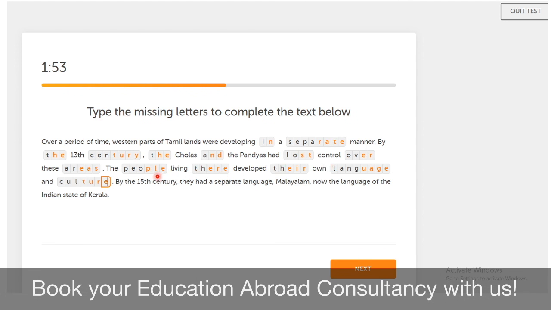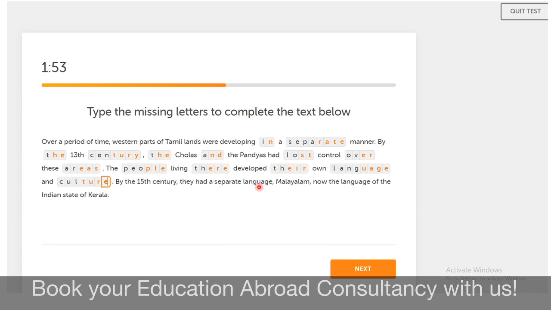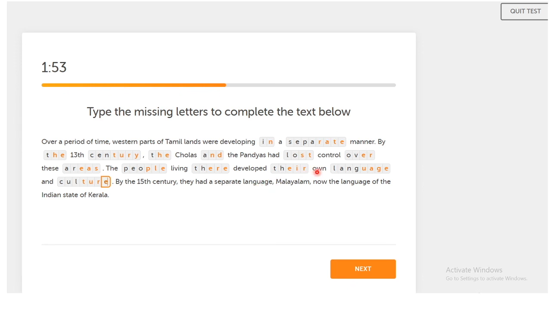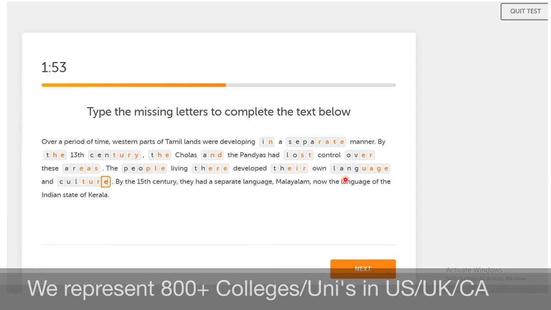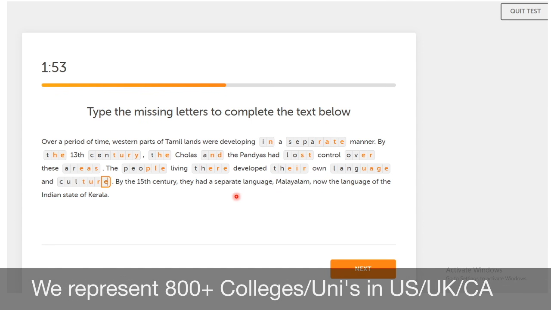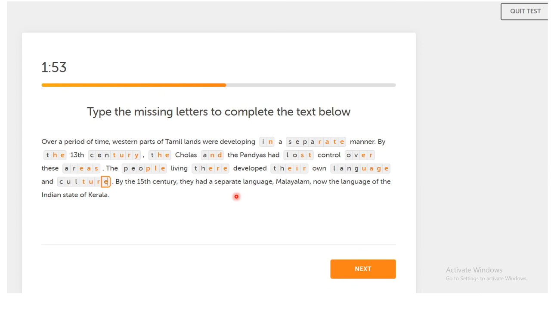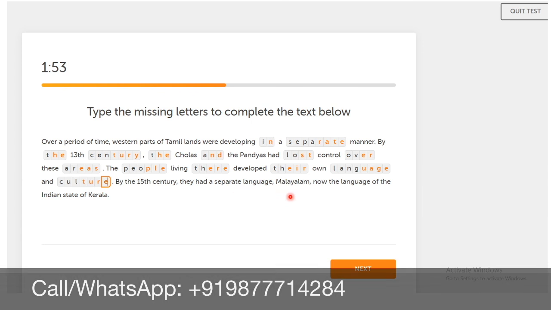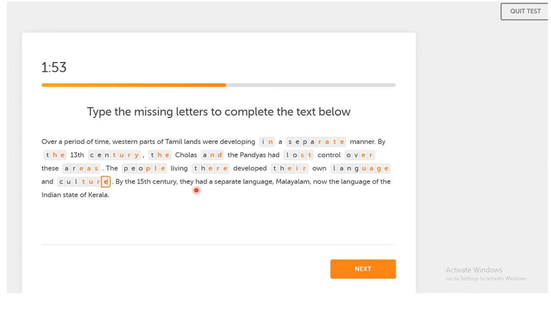The people living there developed their own language and culture. By the 15th century, they had a separate language, Malayalam, now the language of the Indian state of Kerala. So I just read it.